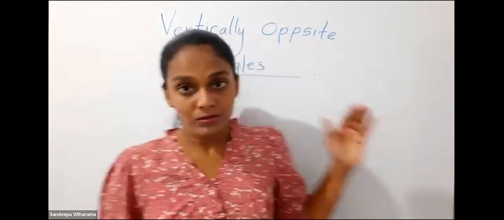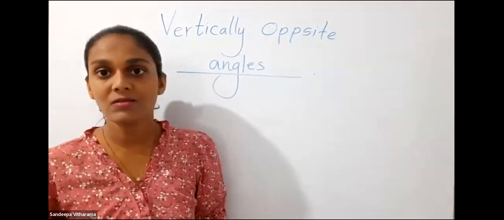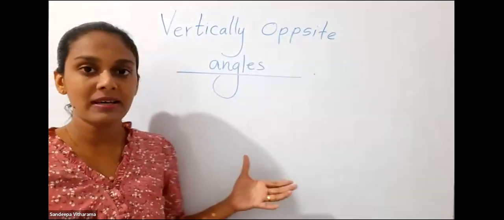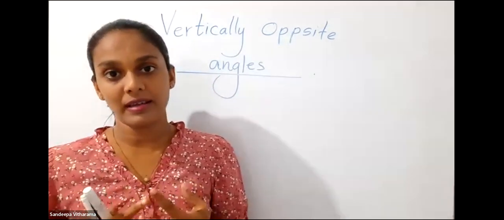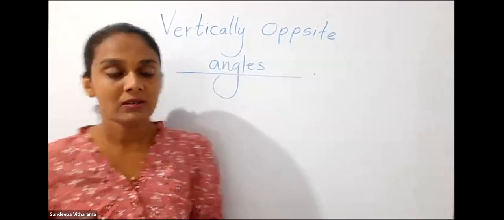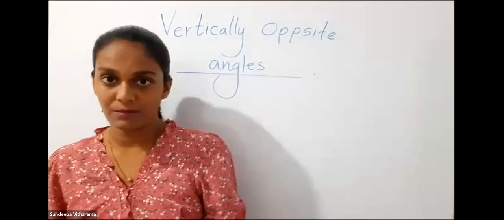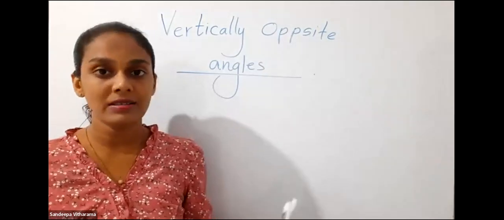Okay? Today also we are going to learn about a particular kind of angles, vertically opposite angles. The vertically opposite angles are formed by intersecting two straight lines together. We know that angles are formed by intersecting.